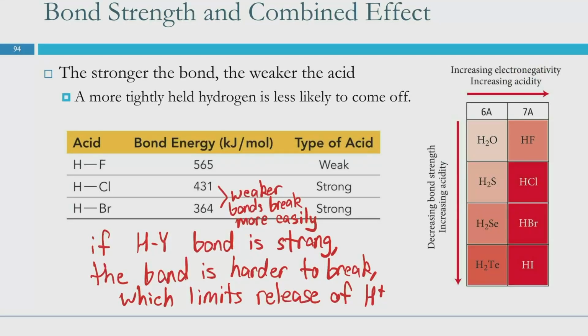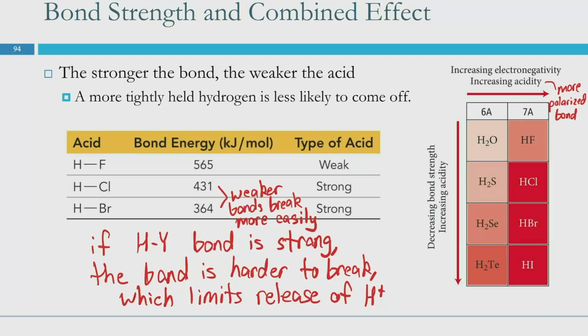So a more polarized bond, so our hydrogen is going to carry more of a partial positive charge. And if we move down the periodic table, we're going to decrease our bond strength and increase acidity.